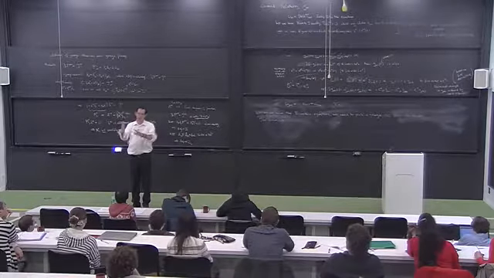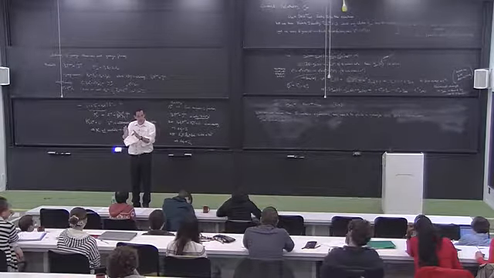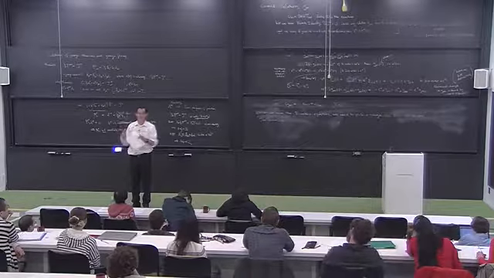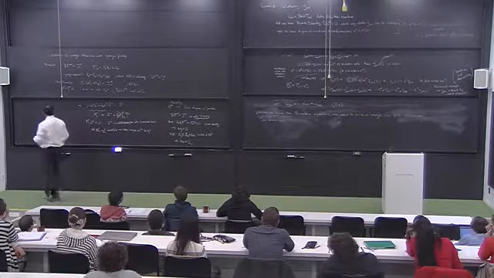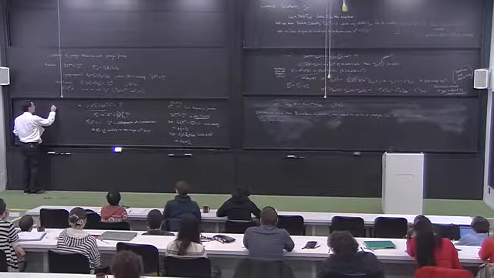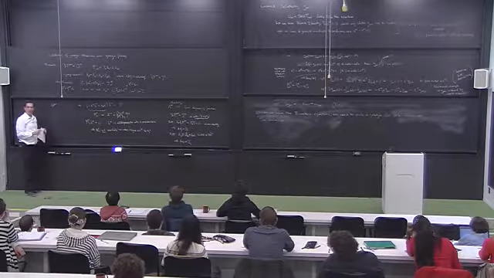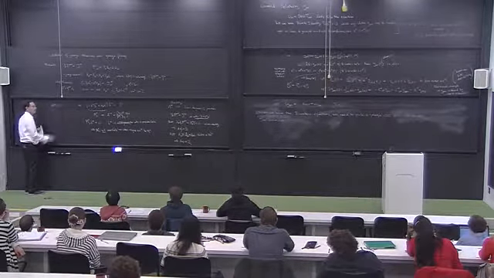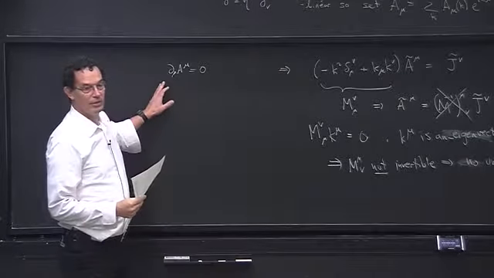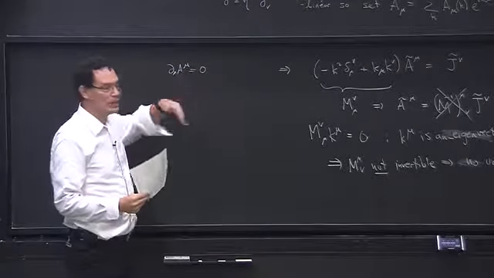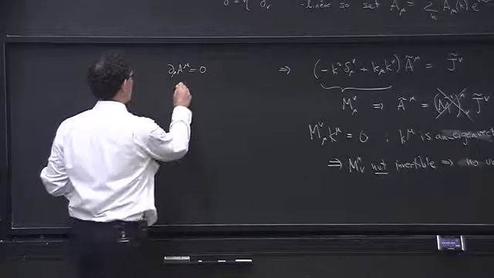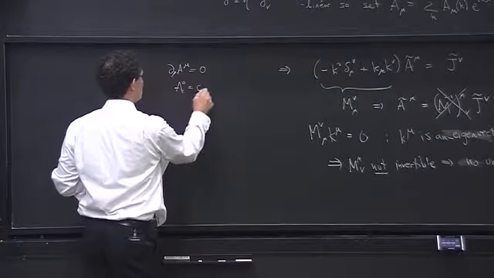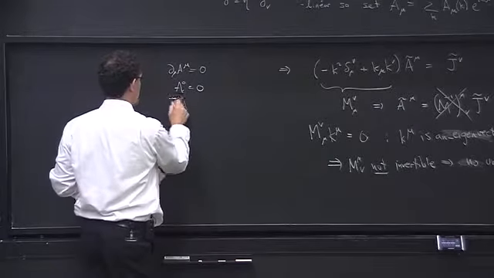And I've got to write something down which is not gauge invariant, and I'm going to set it to 0. Just like here, when I was trying to pick a gauge, what did I do? I wrote down this. This is not gauge invariant. And I said this is 0, and that's a gauge, right? So whatever mu is, I'm going to choose my epsilon to ensure this is true. Or I wrote down A naught equals 0, also not gauge invariant, or div A equals 0.